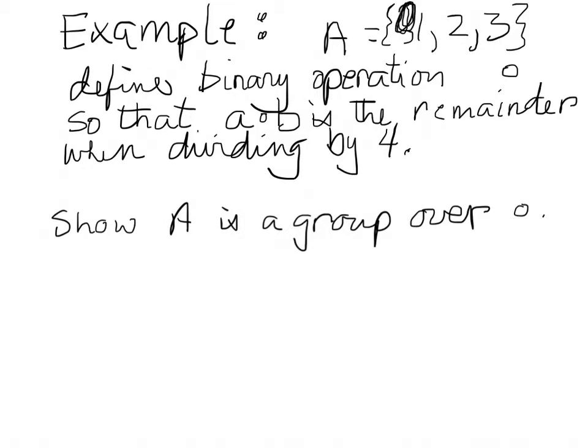We want to define our binary operation, little circle, so that A little circle B is the remainder when you divide the sum by 4. Now I've said it correctly. And what I want to do then is show that A is a group over little circle.